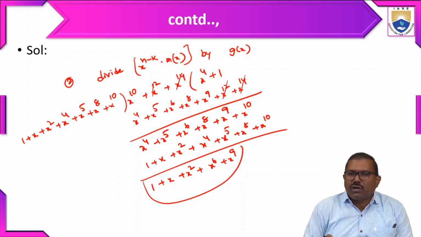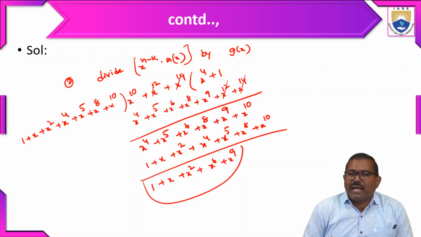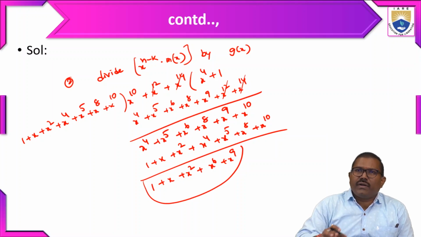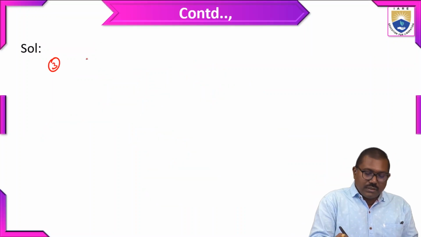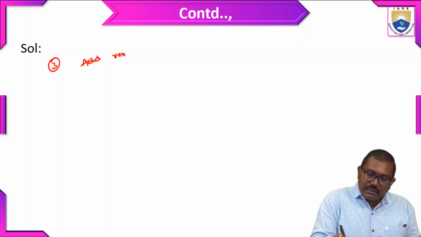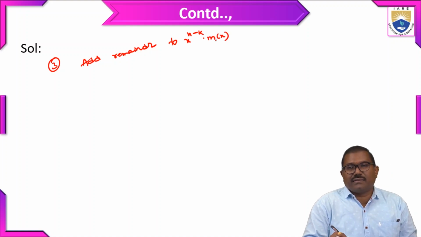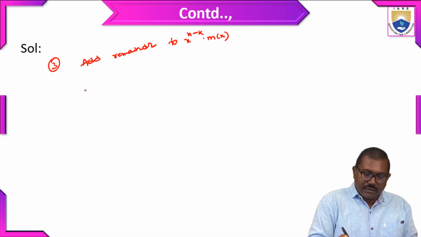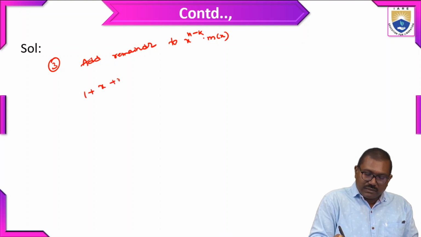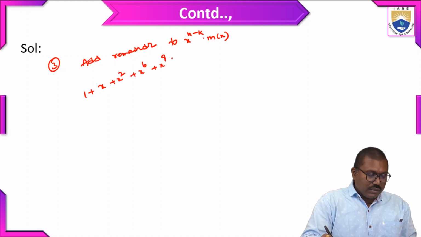So that is the second step. Now how to get the third step? Add this remainder to x power n minus k into m of x. That is the third step. So in the third step, add the remainder to x power n minus k into m of x. First remainder is 1 plus x square plus x power 6 plus x power 9.